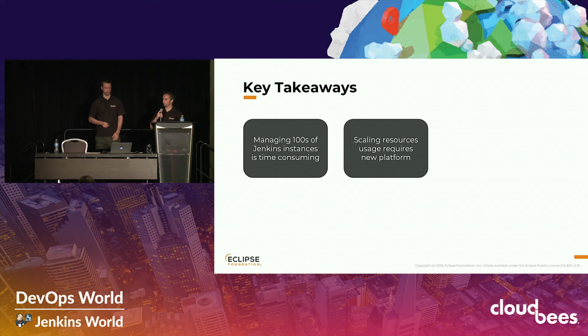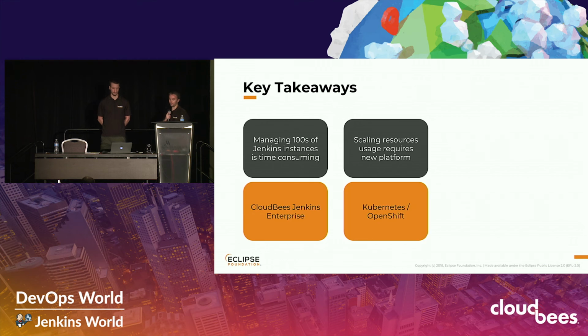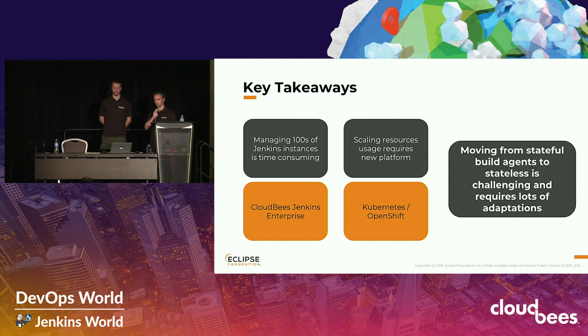As quick key takeaways from this talk, our issues were to lessen the time that we spent on managing all those instances, and to scale the usage, to be able to better use the resources that we have. And for that, we went for two solutions: switching to CGE to spend less time on administration, and Kubernetes to better use our resources.